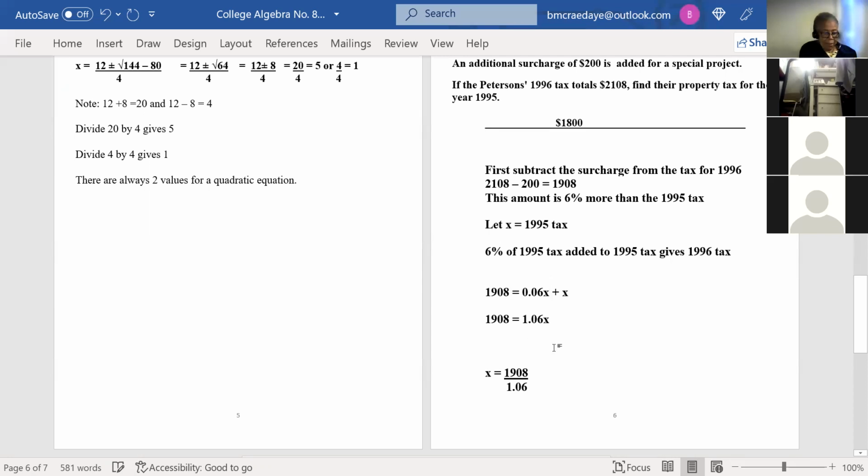Then the next step is divide both sides by 1.06. All right. And if you do that, X is 1908 divided by 1.06, and that gives you the answer of 1800.